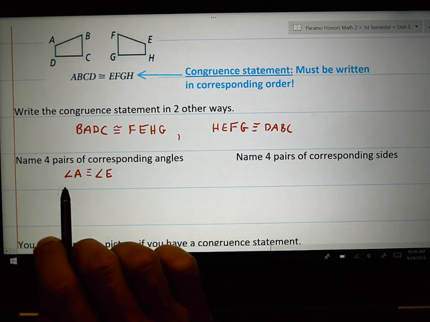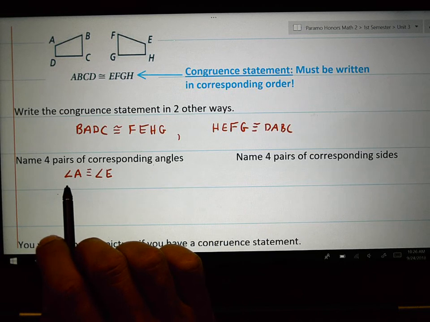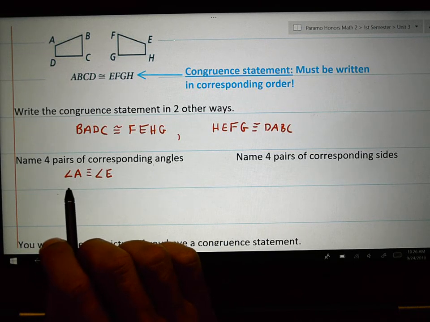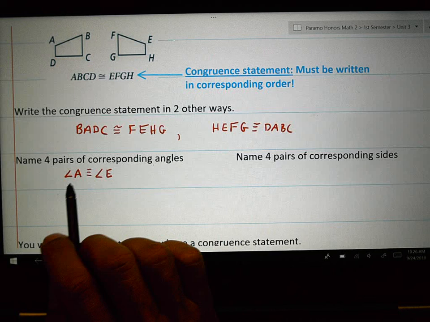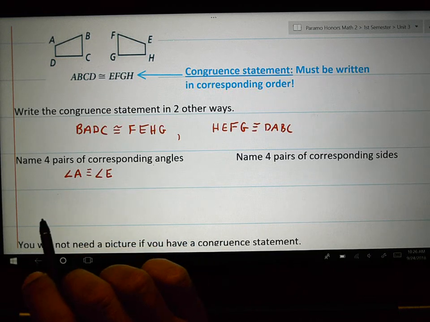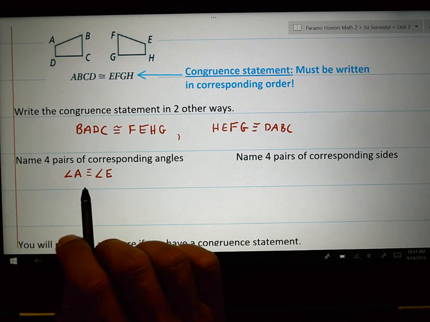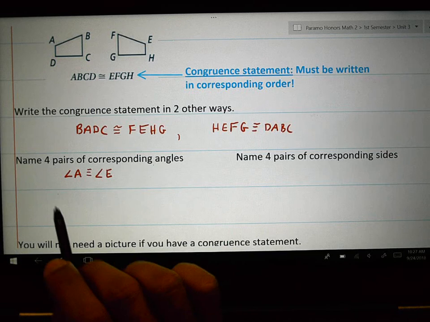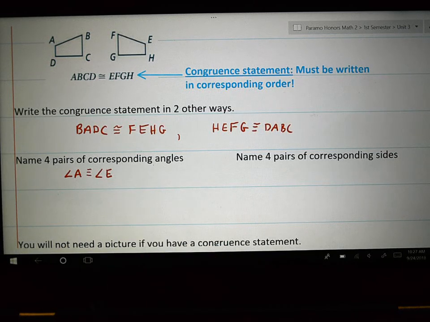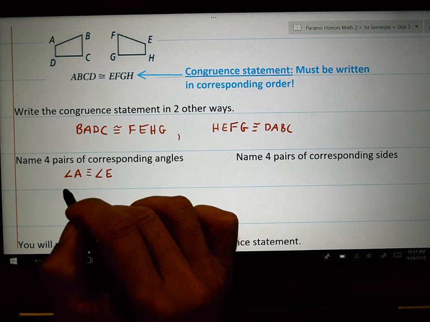An angle symbol looks like a little L, sort of. It's horizontal on the bottom and then about a 45-degree angle up to the right. Angle A is congruent to angle E. That is one pair of corresponding angles. I bet you know what the other three are. If you know what they are, write them down.